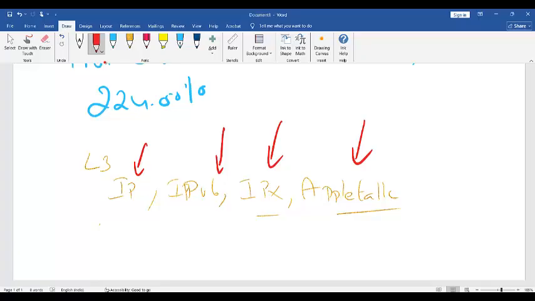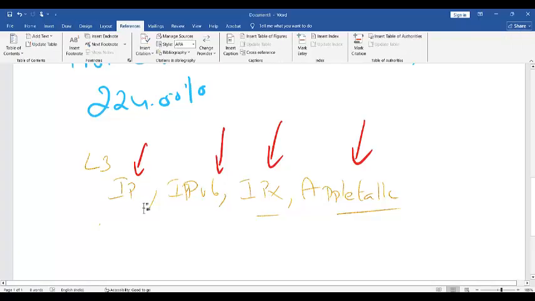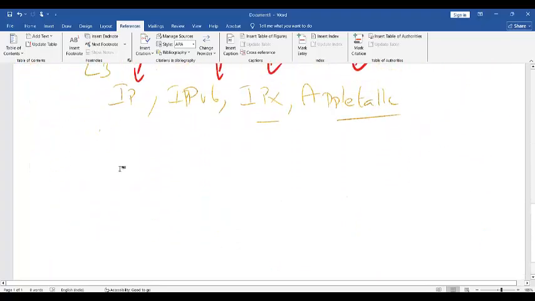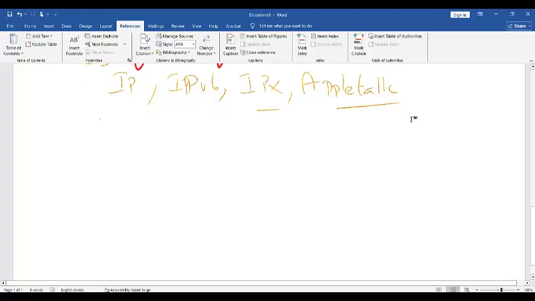Next, very important point. When you talk about EIGRP, you must say this particular point, otherwise it will be incomplete. What is that?